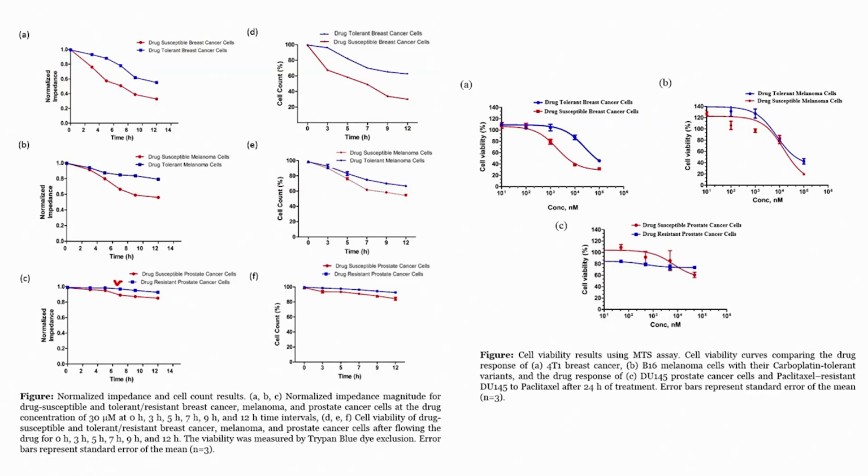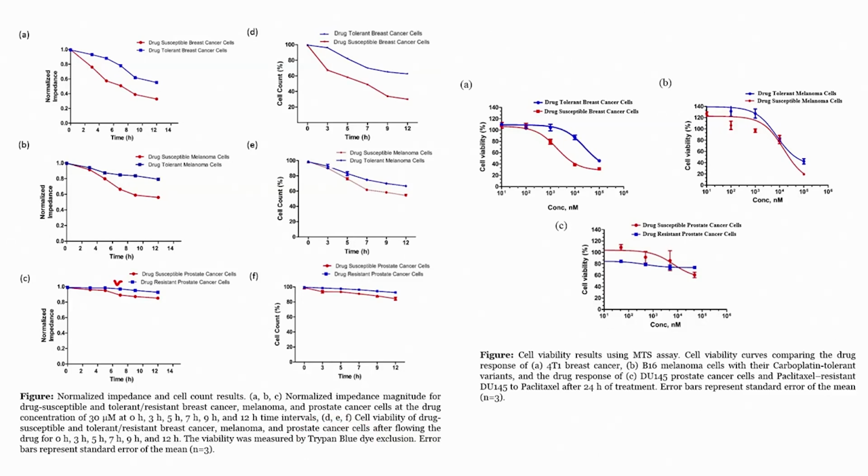When you load the cells in a hemocytometer, you have to mix the cells with trypan blue dye to understand which cells are dead and which cells are alive. This is a very basic technique in biology to count the number of cells.